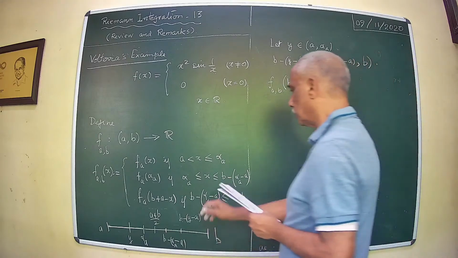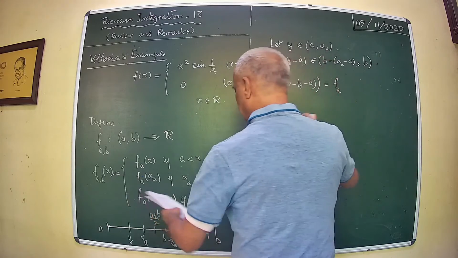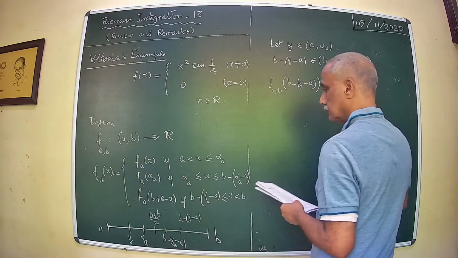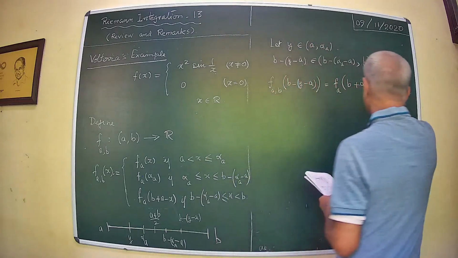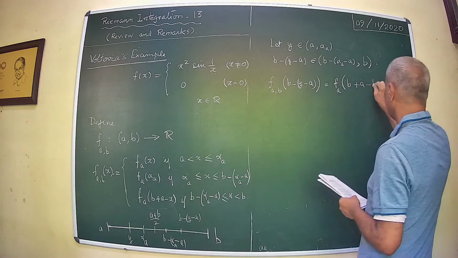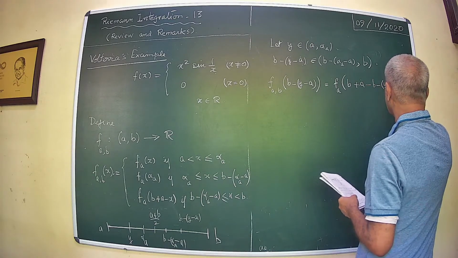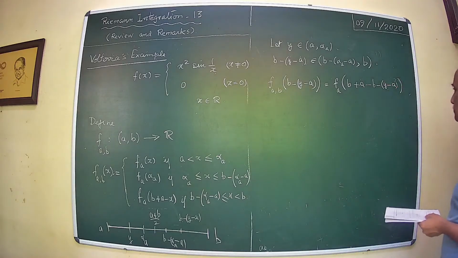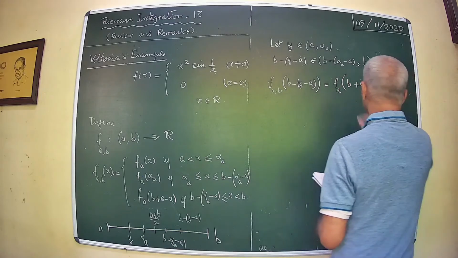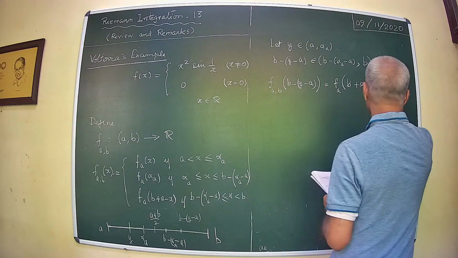This is equal to f_a evaluated at b plus a minus this point. What is this point? This is b minus (y minus a). What is this? This is equal to b, and b cancels out, a and a cancels out.